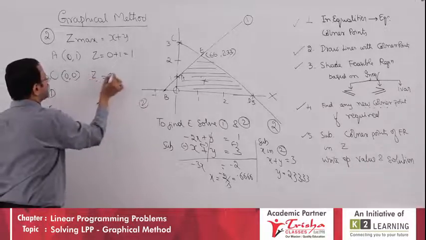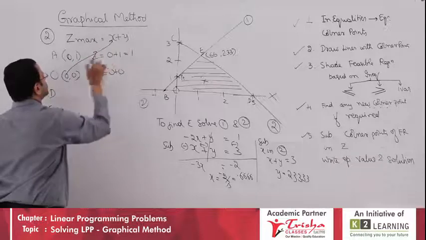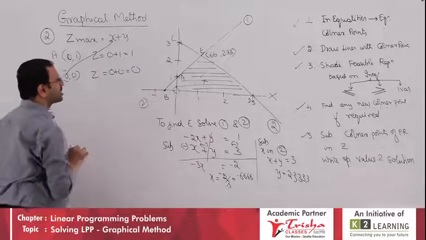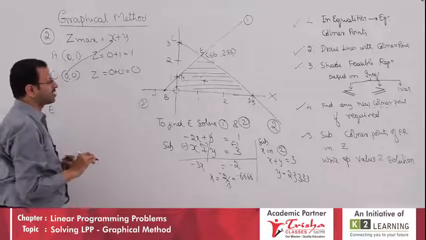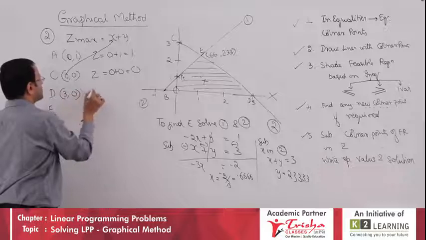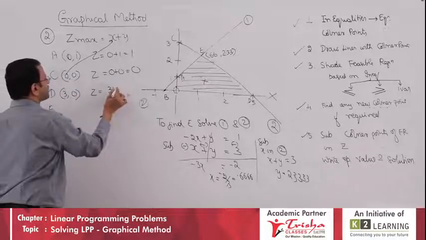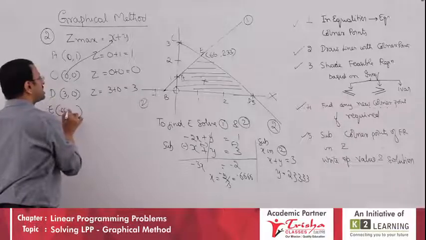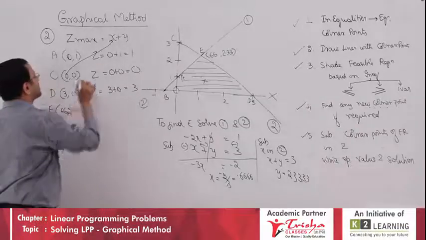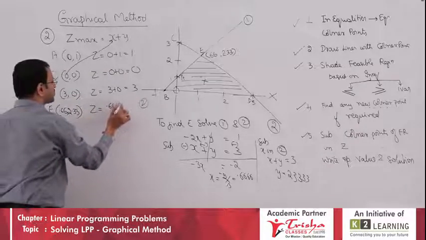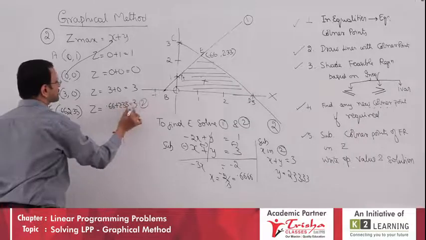Z will be 0 plus 0, substituting x value 0, y value 0, which is 0. What about point D? Point D is x 3, y 0, Z is equal to 3 plus 0, 3. What about point E? 0.666 and 2.333, substituting, Z is equal to 0.666 plus 2.333, which is also equal to 3.